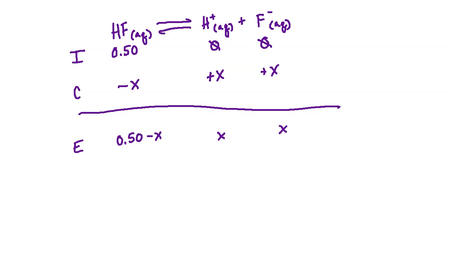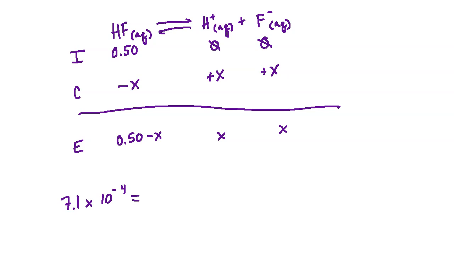So the next thing that I need to do is I need to apply this to the Ka problem or situation. So the Ka, I'm going to just rewrite it down here because you may not remember, but we gave it earlier at the top, was 7.1 times 10 to the negative fourth. So that's the Ka.